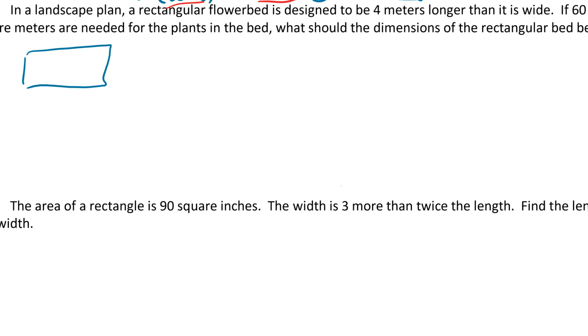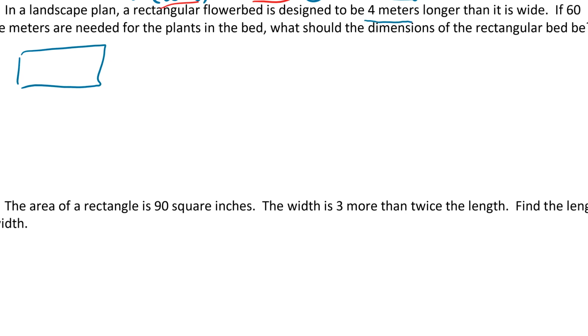So it's designed to be 4 meters longer than it is wide. So how do we write 4 meters longer than it is wide? Well, that means the length should be W plus 4.